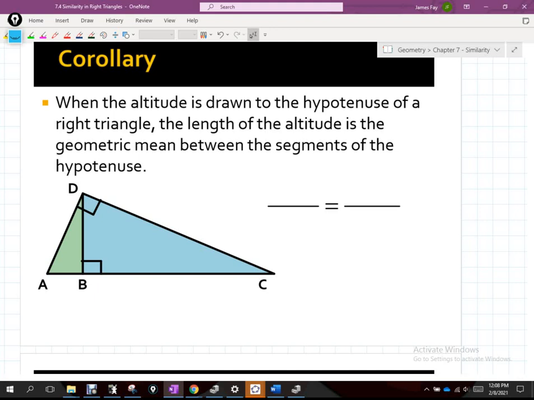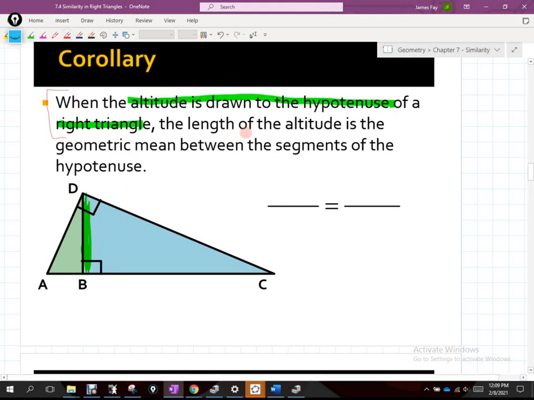It comes from the idea that the previous theorem really establishes this, and it's exactly what we talked about with this distance right here. It says when the altitude is drawn to the hypotenuse of a right triangle. So that's what we've got going on here, because this segment right there, DB, is the altitude drawn to the hypotenuse of a right triangle. So we know that's occurring, okay?